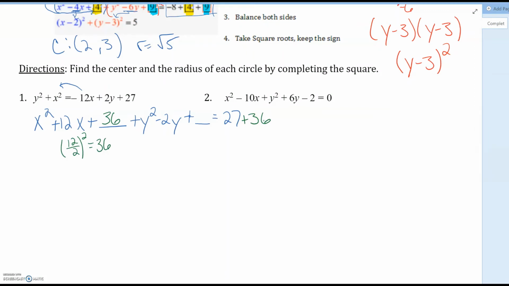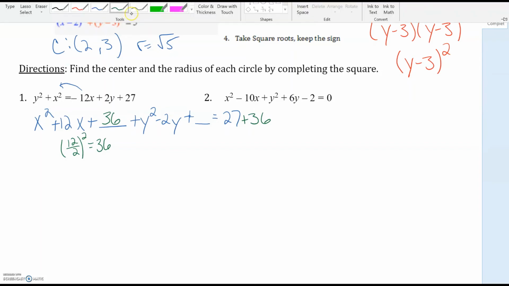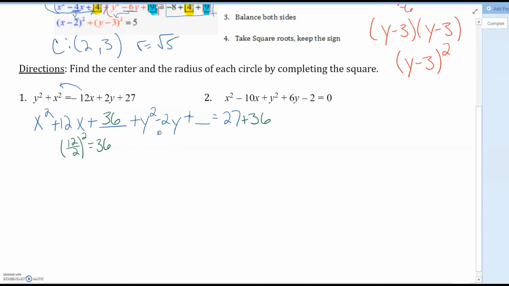For the next one, I take negative 2 over 2, half of that, and square it, which is equal to 1. Half of 2 is 1, 1 squared is 1, so I'll add 1 to the other side.